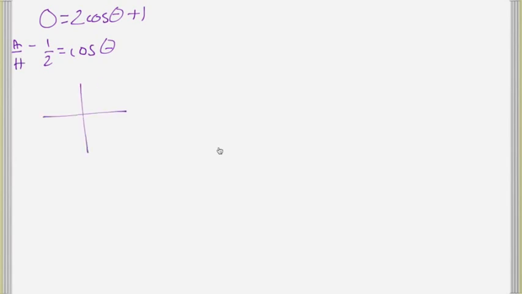Since that inner loop begins and ends at the origin, where the radius would be 0, I can set r equal to 0 and solve this equation, which if we're working with adjacent over hypotenuse, would point us to our 60 degree. And if I want it to be a negative 1/2, I would want it in those two quadrants. So that gives me the 2 pi thirds and 4 pi thirds.